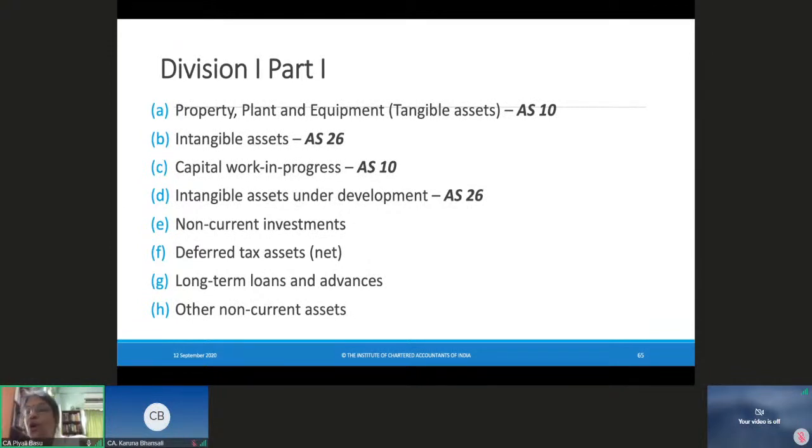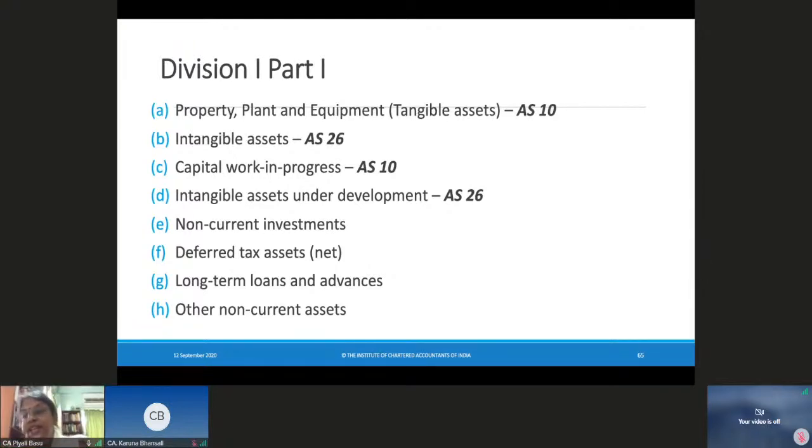When somebody starts the work, he needs a mobilization advance, which will be adjusted with the bill he submits after, say, 1.5 years or 2 years. So that will not be capital WIP even. It is a long-term loans and advances item. For this particular example, it is not a loan, it is an advance.